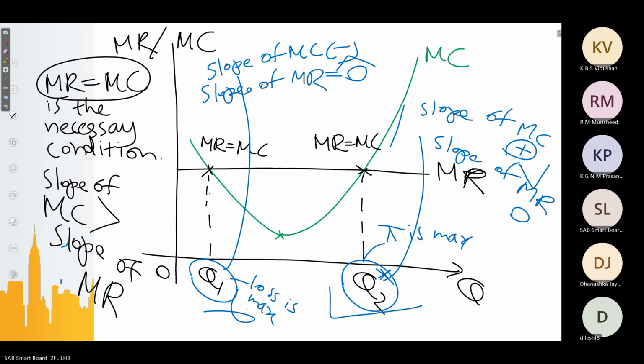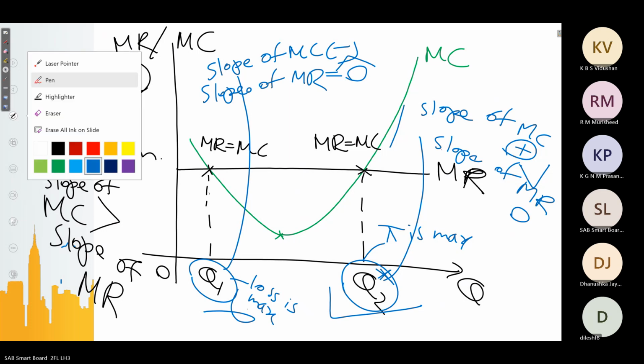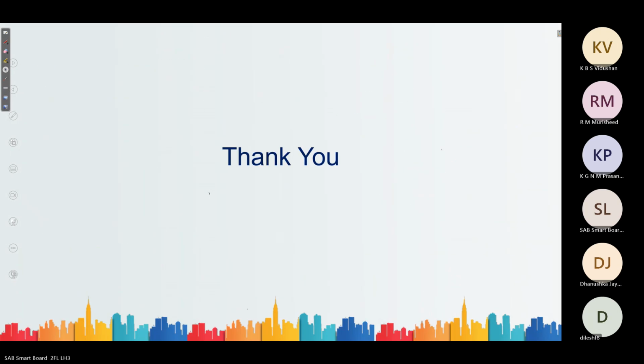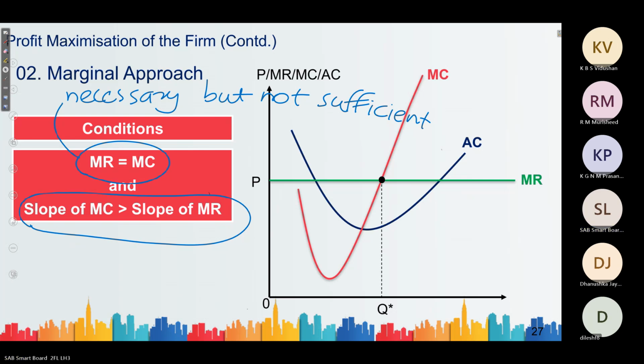So in the marginal approach, we have to look at two conditions. First condition is MR equals MC. The second condition is slope of MC should be greater than slope of MR. We finish discussing profit maximization.